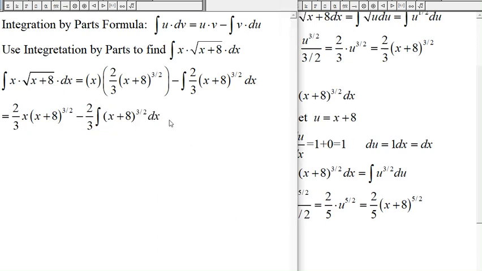And again, now we go back to the original problem. And so this is 2/3 x plus 8 to the 3/2, and then minus 2/3 times this integral, which is 2/5 times x plus 8 to the 5/2.